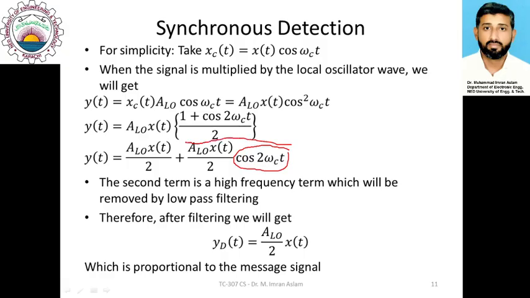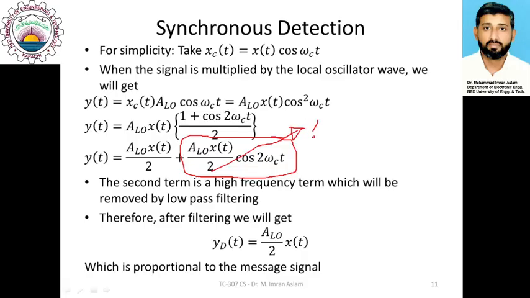So this term is a very high frequency term, whereas the first term is the message signal, which is the low frequency term. In order to get the message signal, we would like to remove this high frequency term. We do not need it here.